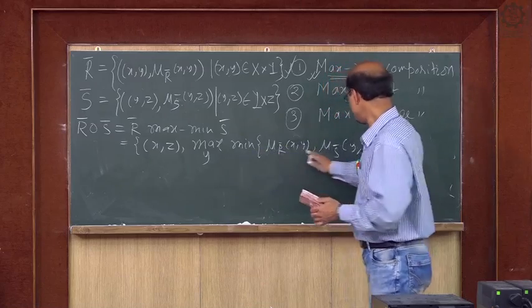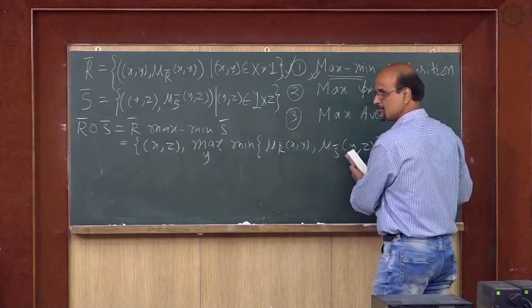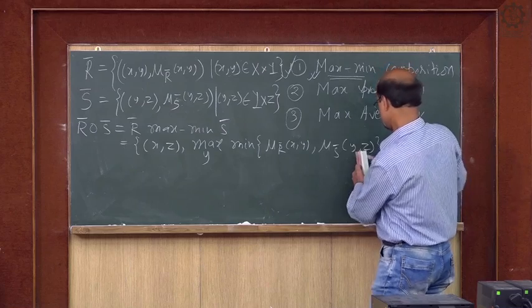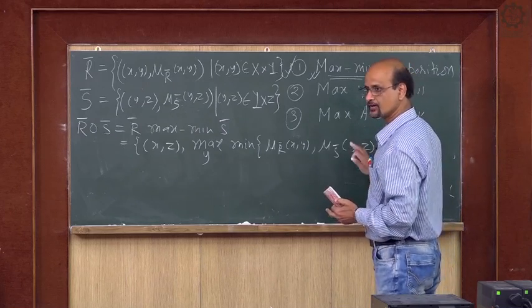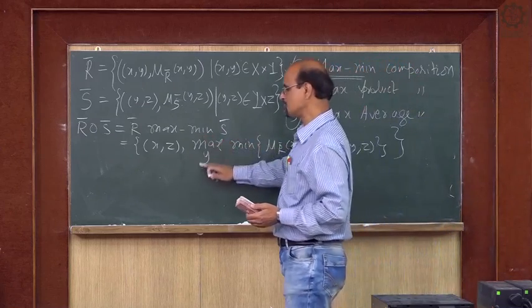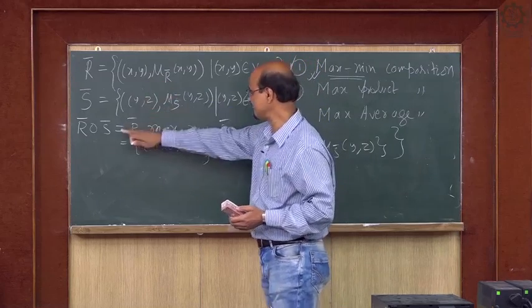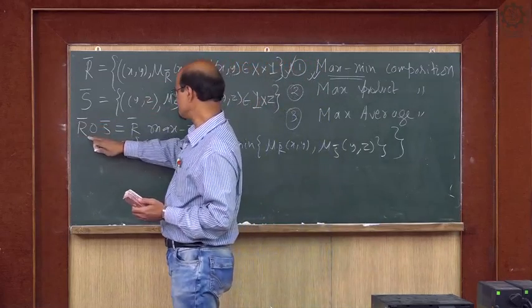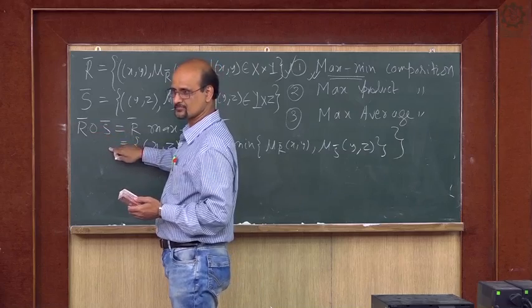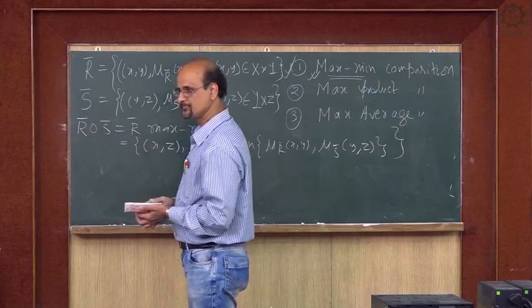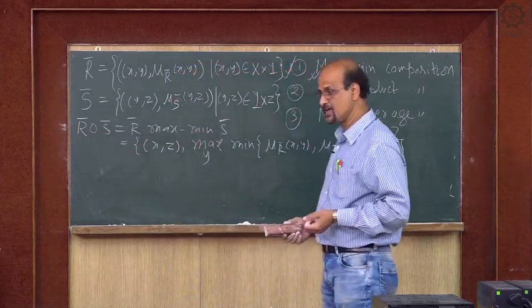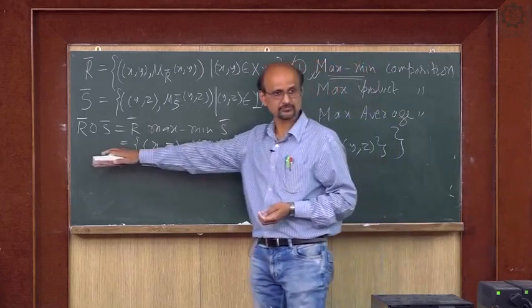Maximum over y and minimum of mu R bar x y and mu S bar y z. So, this is your max min composition. Given R and S, how you compose R bar with S bar. Let us take one example and see how you can find this composition.